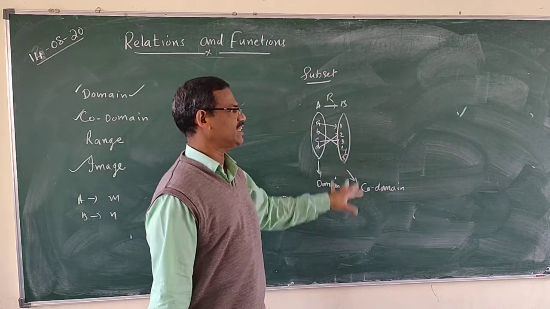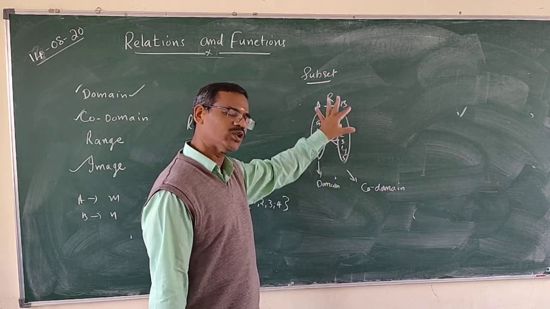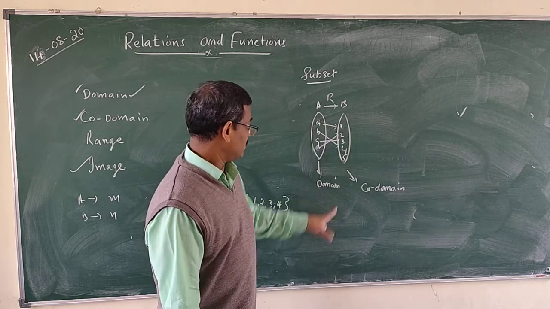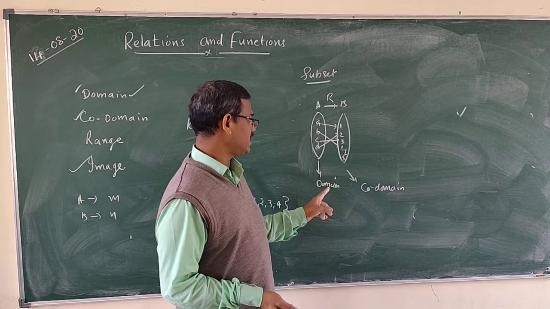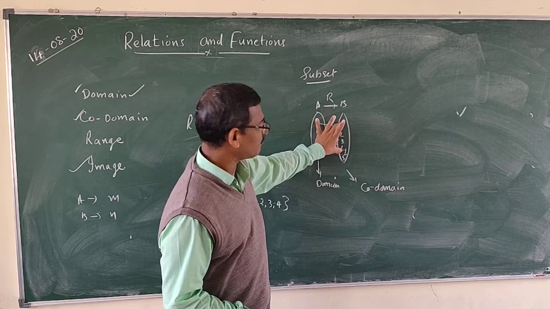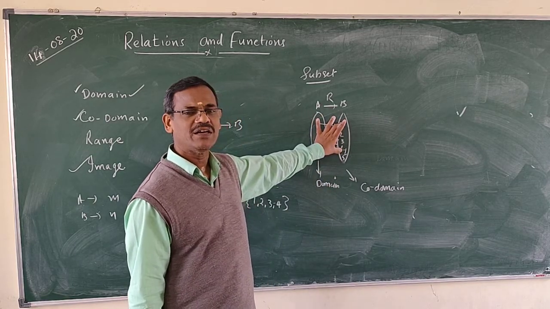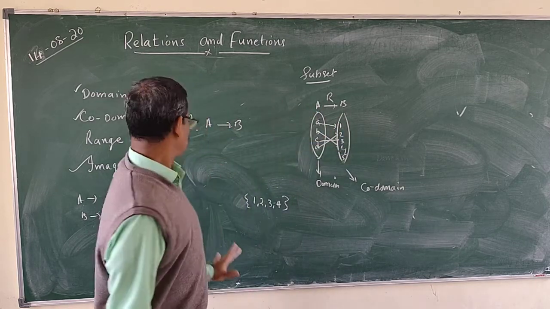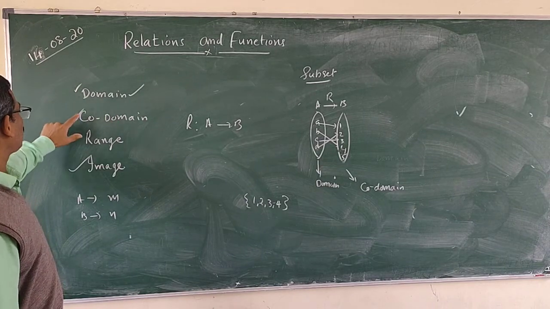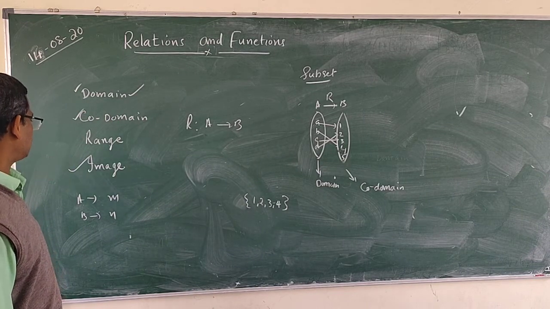Codomain is also the second set. This range is also from the second set. The difference between codomain and range is, in the range case only those elements of the second set are taken which are connected to the elements of the first set. So these are some terms: domain, codomain, range and image.